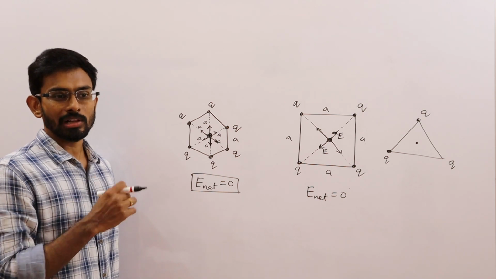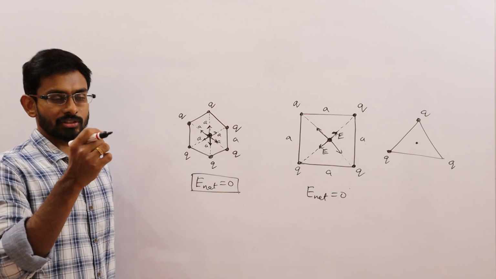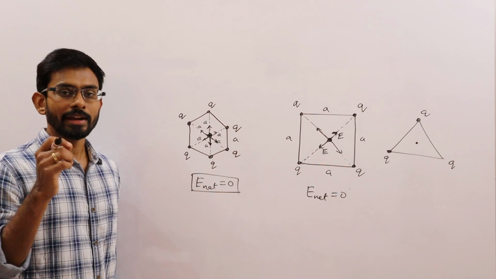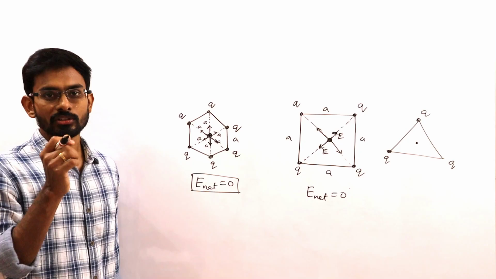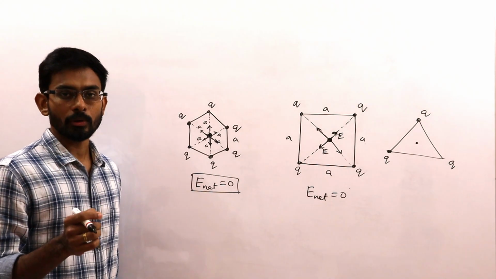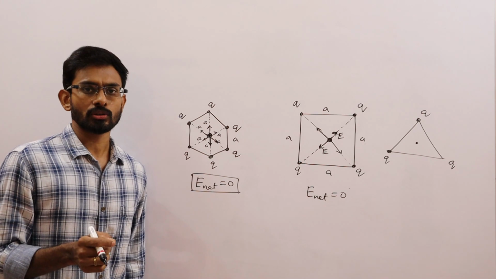Regular polygon means all sides are equal and all the vertices lie on a circle. Such polygons are called regular polygons. So if identical charges are placed on the vertices of a regular polygon, the net electric field at the center will always be 0. Now let us see one application of this.